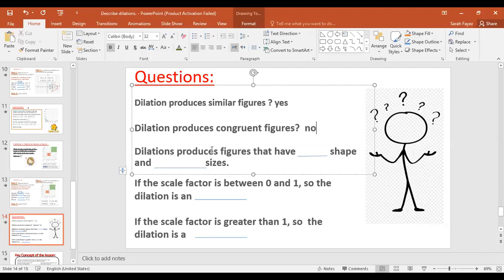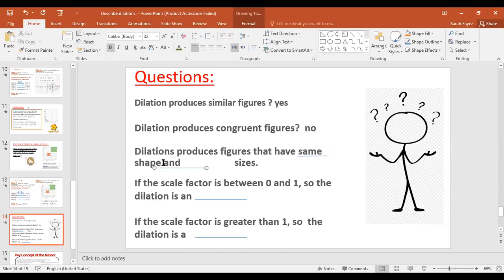So dilation produces figures that have the same shape but different size. Very good. Now, if the scale factor is between 0 and 1, so the dilation is an what?